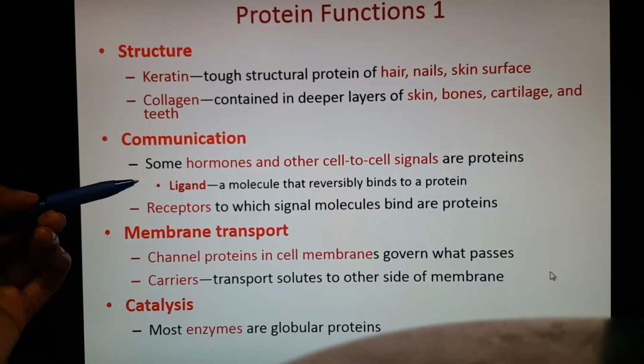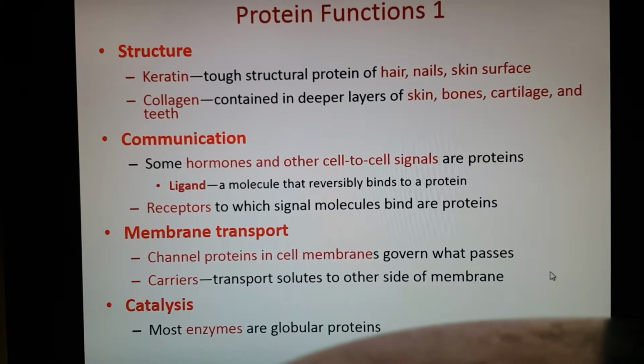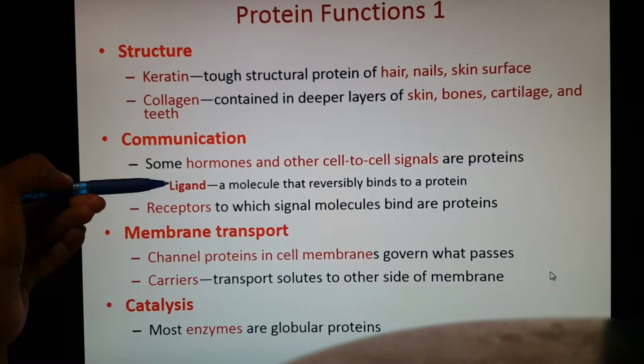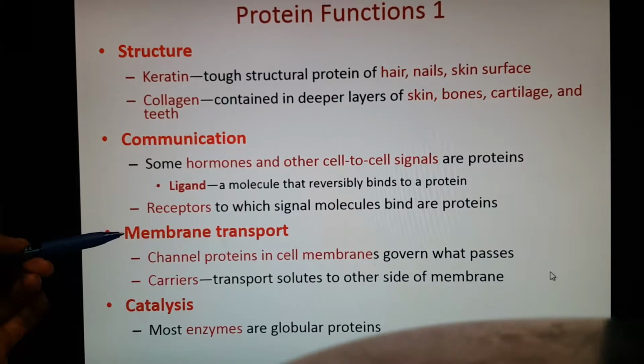Necessary for communication. So your hormones that travel throughout your body, some of them are made up of proteins. So it becomes the signal, which is the ligand, and then those ligands will bind to a receptor, and your receptors are usually also proteins themselves. Involved in membrane transport, so inserted into that lipid bilayer that makes up your outside layer of the cell.